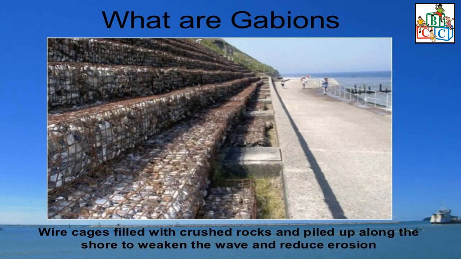Why? To weaken the waves and to reduce erosion. So these are done to prevent the force of the waves and also to reduce erosion. These are called gabions.